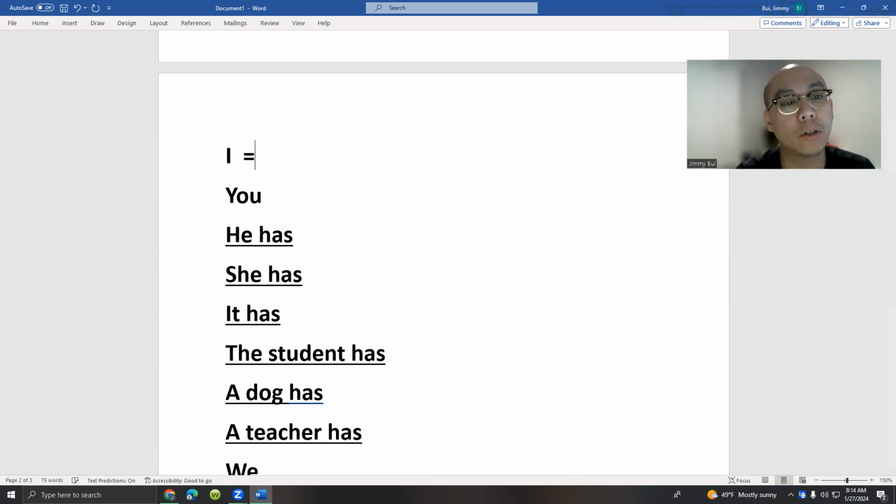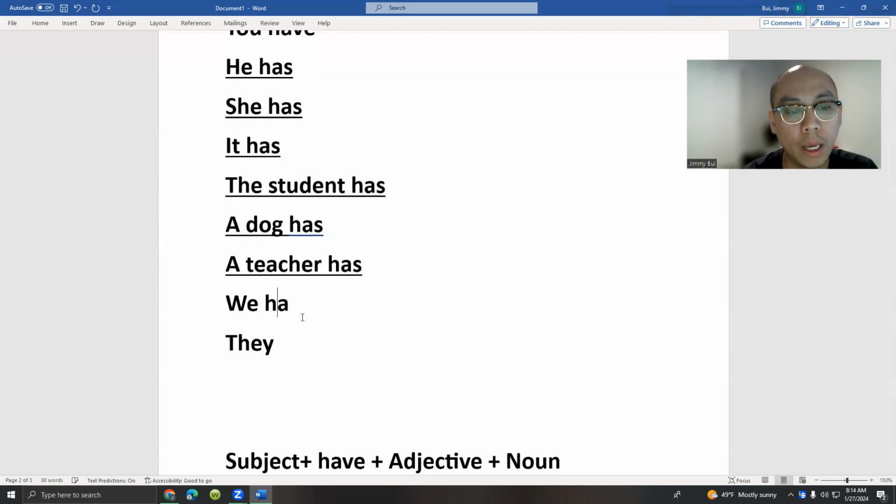If they are not third person singular, right, we don't ever end the verb with an S. The S is for third person singular. And so in this case, I have, you have, we have, they have.